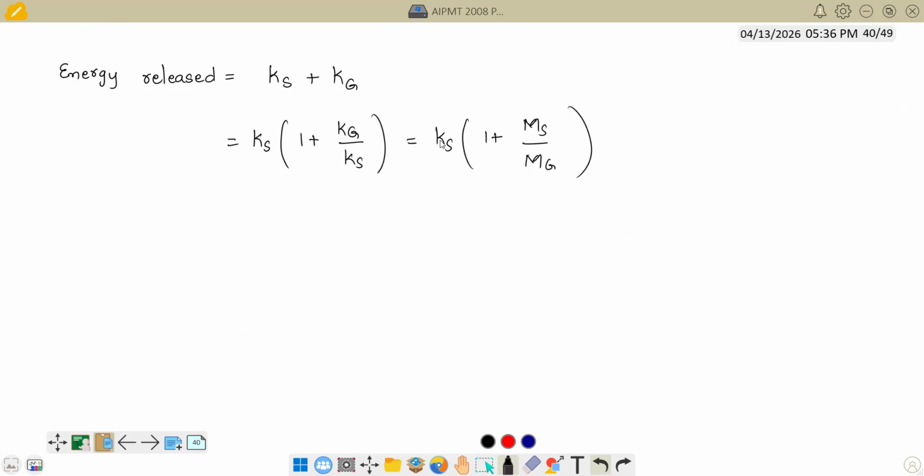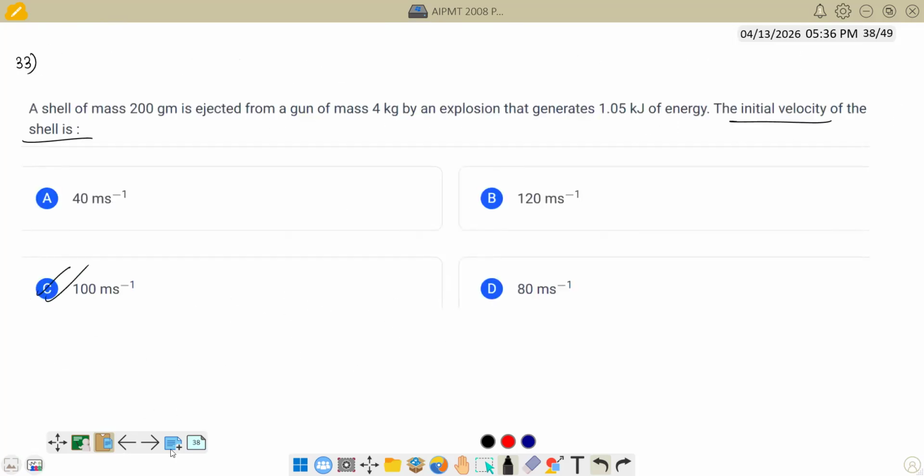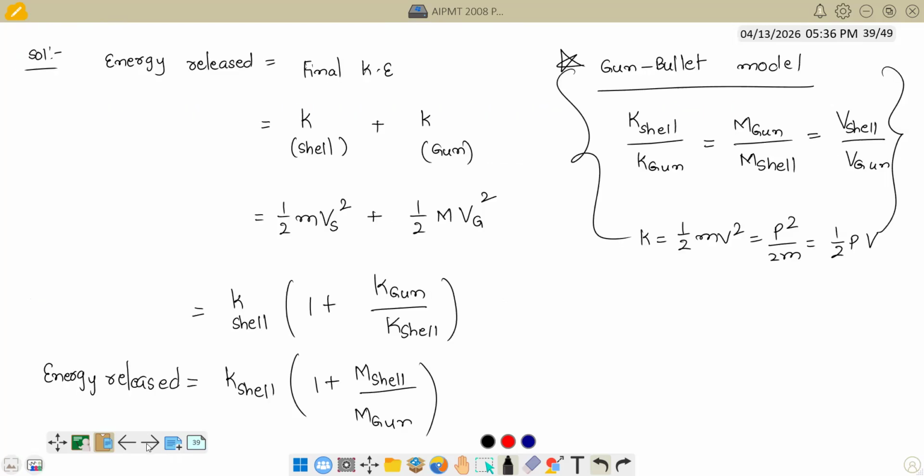If you observe it, if the shell is outside, the mass of the shell is also inside. Similarly, if you take kinetic energy of the gun as common, you'll get 1 plus mass of gun by mass of shell. So these are the key formulas that we use in solving this problem. So the correct answer for this would be 100 meter per second. We'll go for the next one.